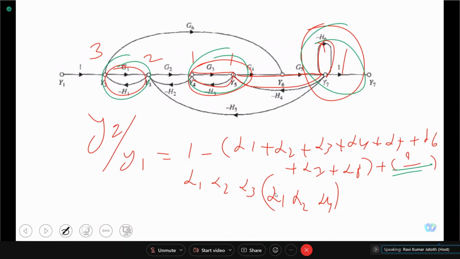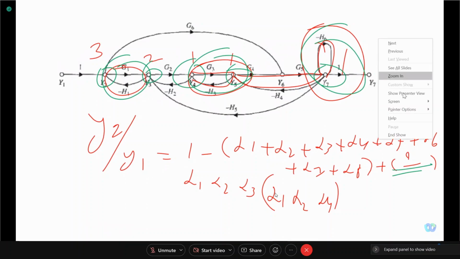Why? Because they are called three non-touching loops. They are three loops, but they are not sharing the same common node. It is having y2, y3. It is having y4, y5. It is having y7. Where is the question of sharing the same node? Then it is called three non-touching loops.